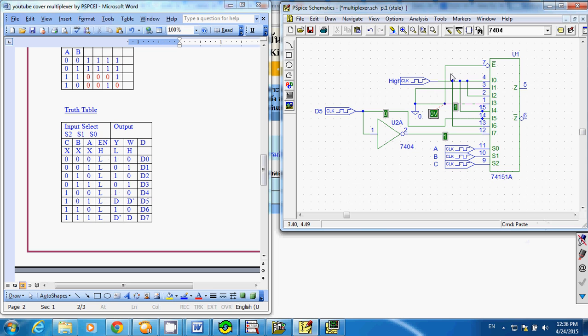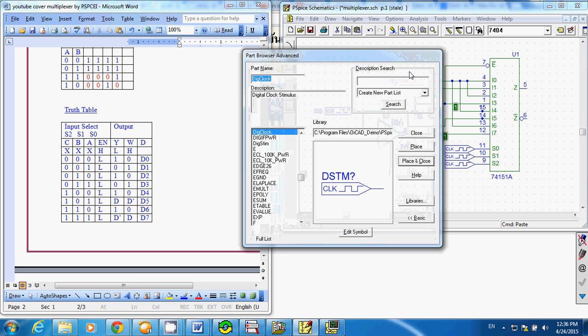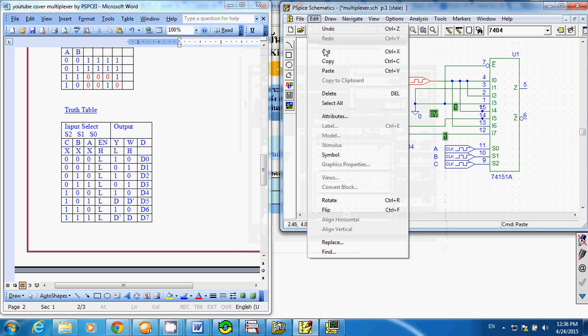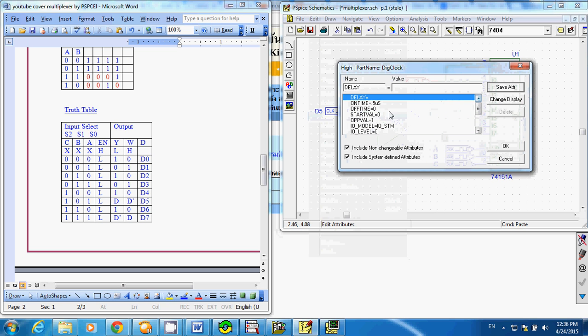How do I do that? For the clock, you can simply connect to the supply 5 volts, but this one I use the digital clock, DIGCLK, and then what you need to do is, I said this one is never off, right?